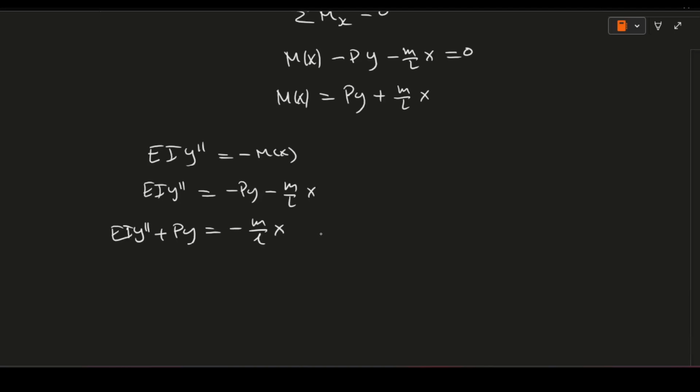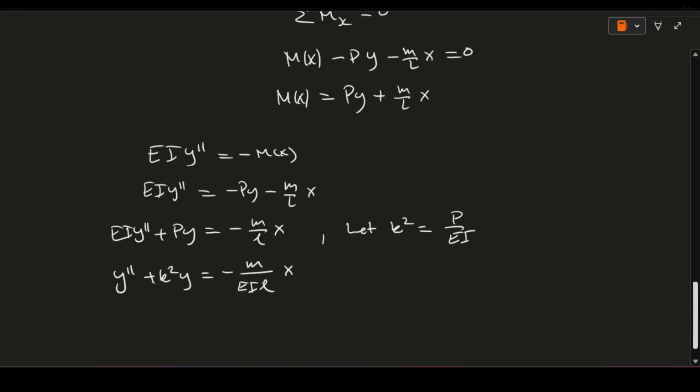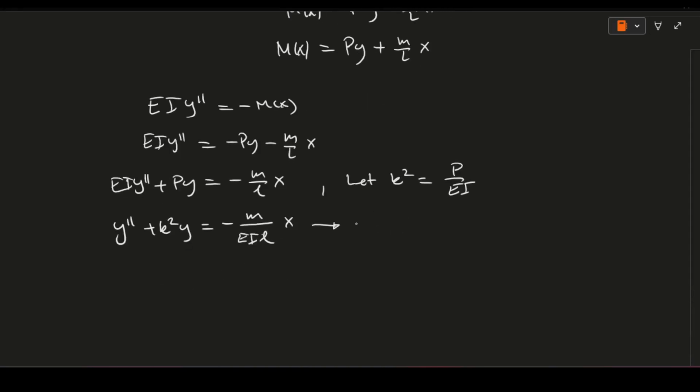And if we let k squared equal P over EI, we can divide everything by EI. So we have y double prime plus k squared y equal to minus M over EIL times x. And this is the governing equation.